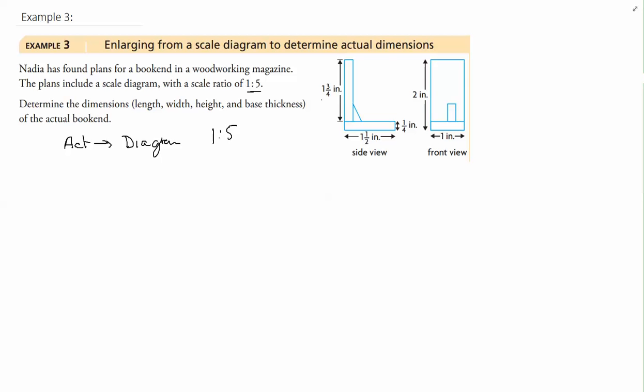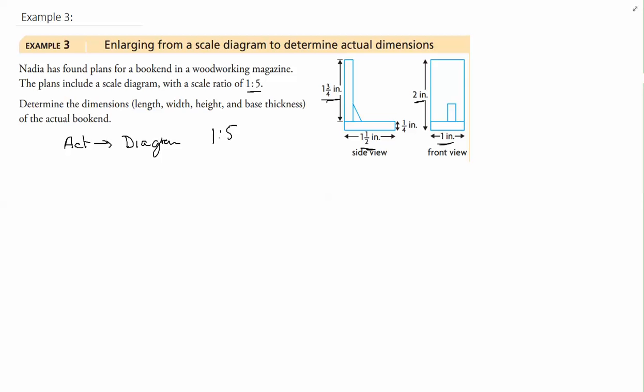And we have the measurements of the object, the bookends, in the diagram. Our diagram is 1 3/4 inches tall. So how tall would the bookend be?